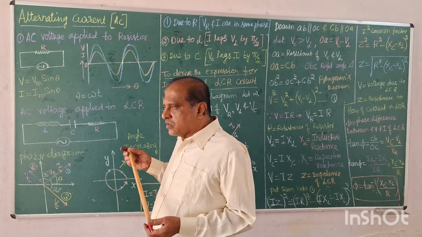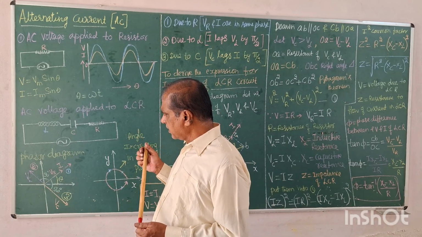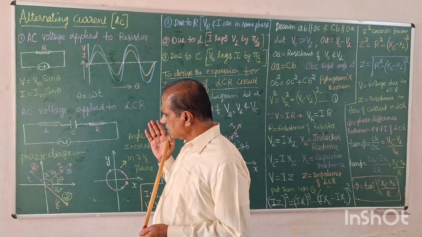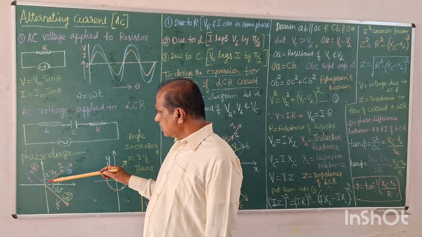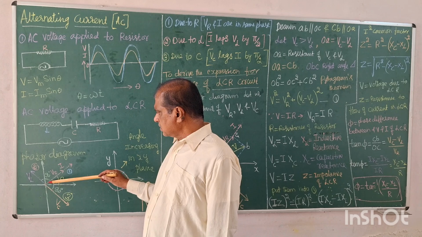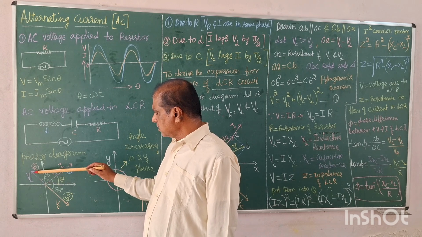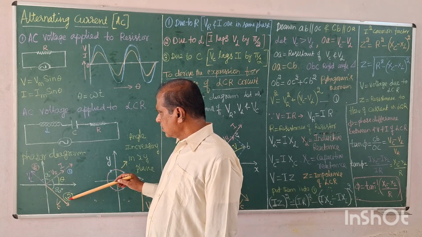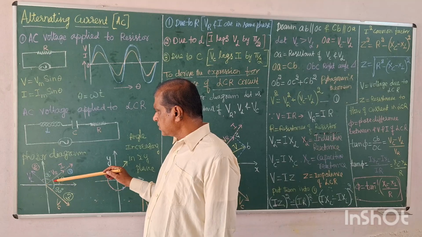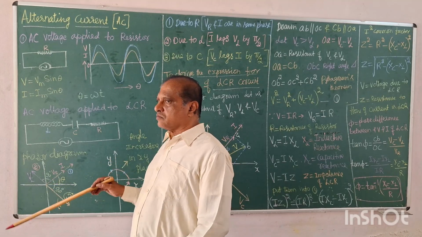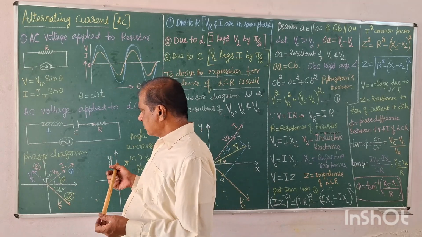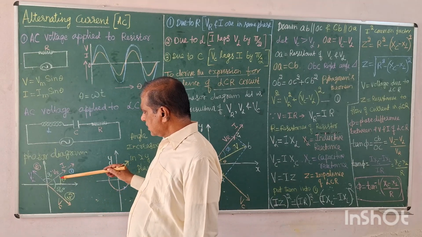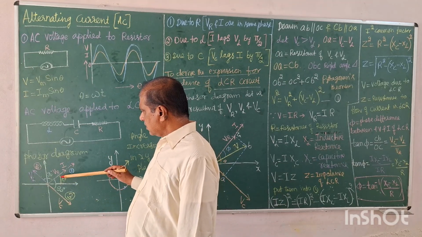Now, if you look at this diagram, you will understand that there are three vectors. These lines represent the vectors. These are the vectors of voltage, because voltage is a vector. It has both magnitude and direction, direction in the form of angle.